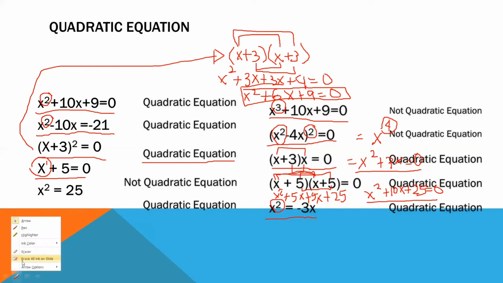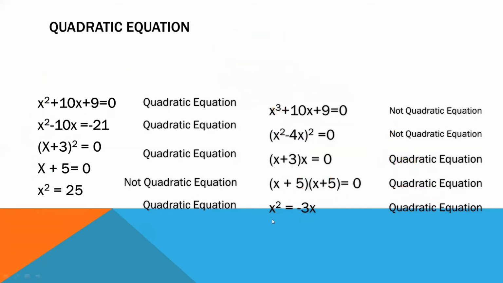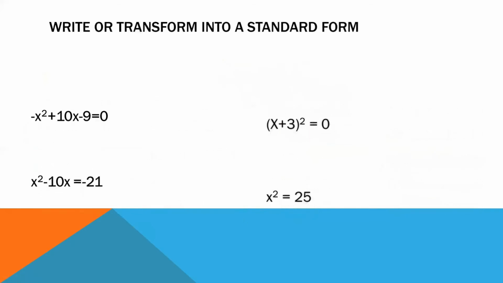So, next, after identifying if the equation is quadratic or not, now let's proceed to transforming the quadratic equation into standard form. Like what I said, even if it is not in the form of ax squared plus bx plus c is equal to 0, it can be identified as a quadratic equation.